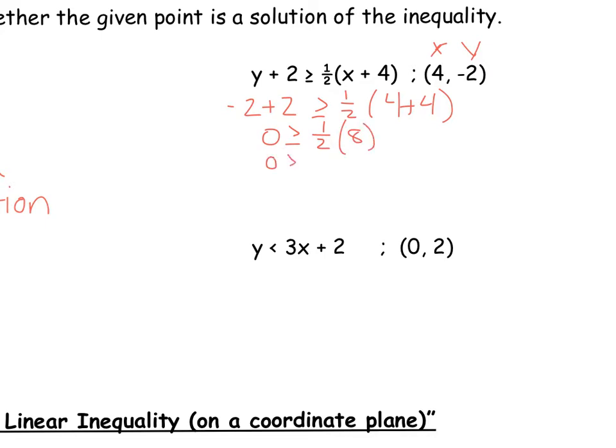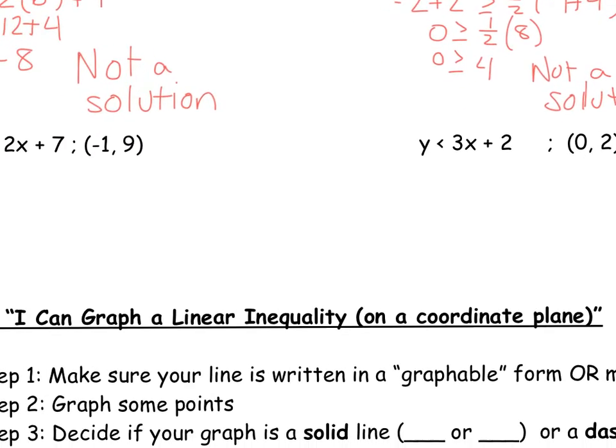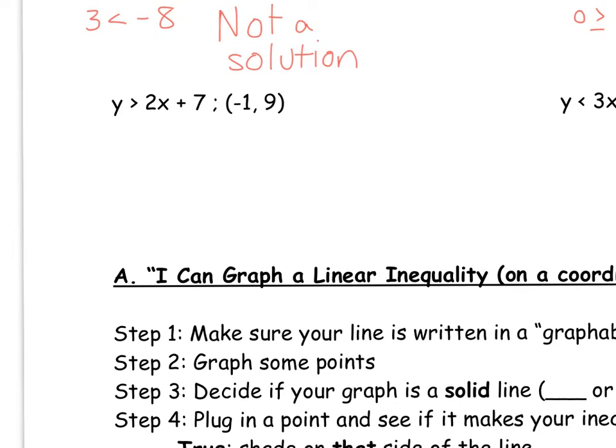Is 0 greater than or equal to 4? No, 0 is not greater than 4. Not a solution. Again, if you didn't get that, pause, write it down, or go back.